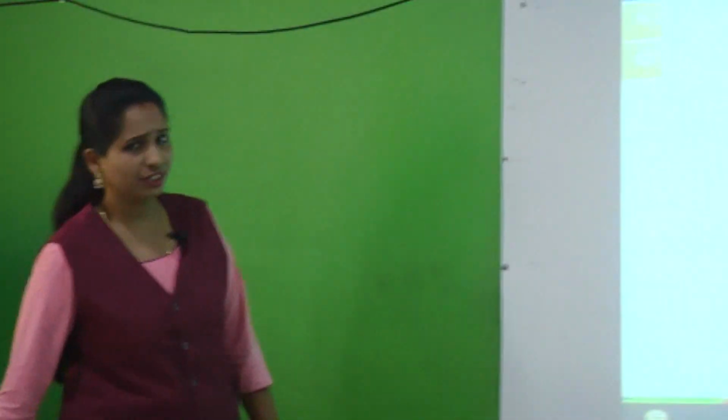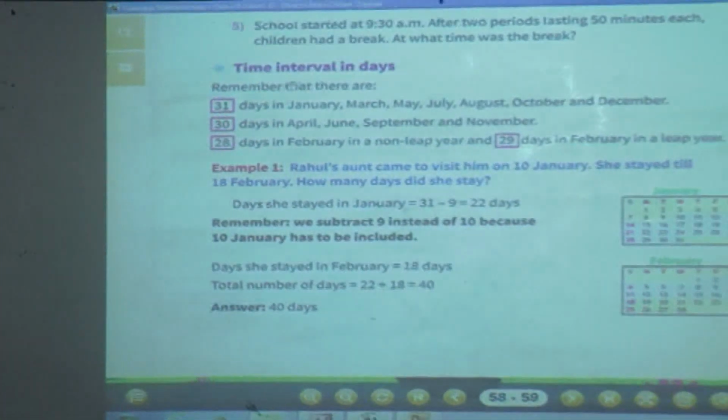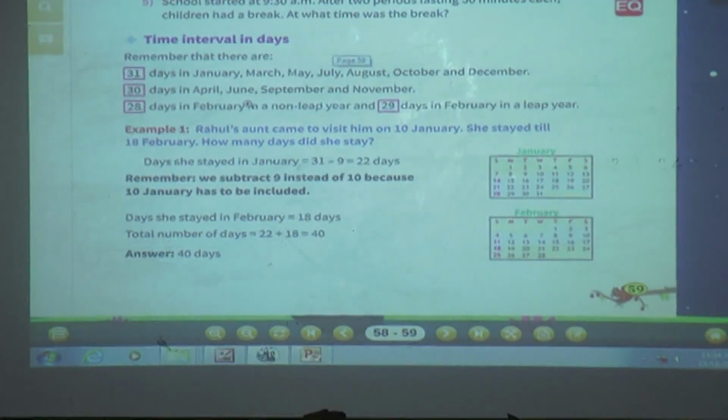Then April is 30. Then May, June, July, August, September, October, November, December. Are you getting? Yes. Now see here, today we are going to study on the same time interval in days.